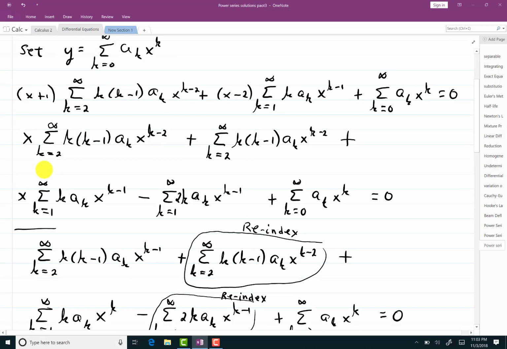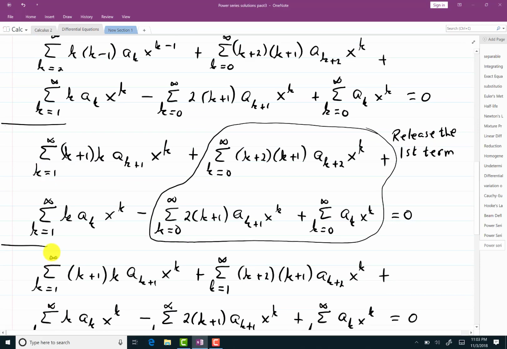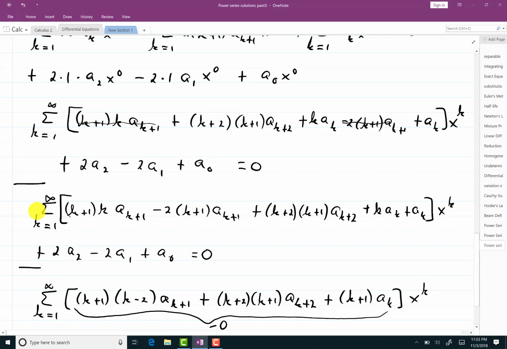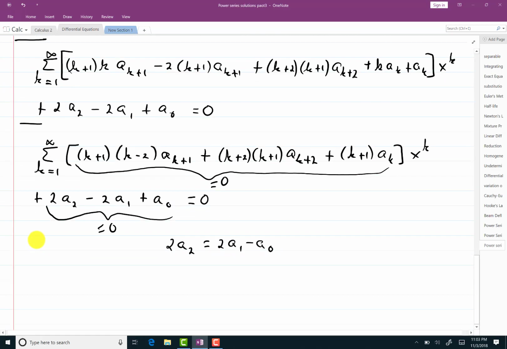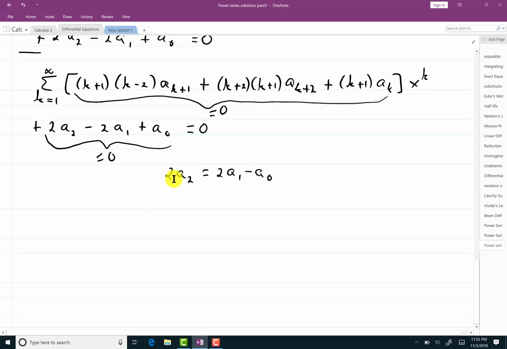So what's going to happen here is the way your numbers are related to each other, your a sub k's will be in terms of two previous a sub k values. Let me divide by 2 here. A sub 2 equals a sub 1 minus 1/2 a sub 0.